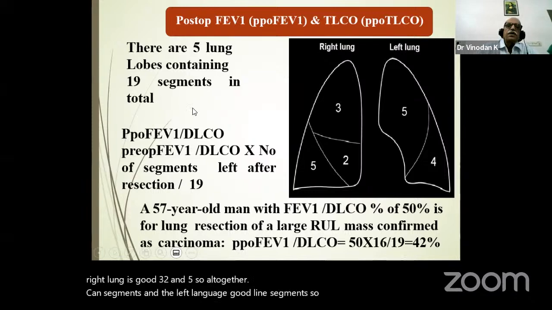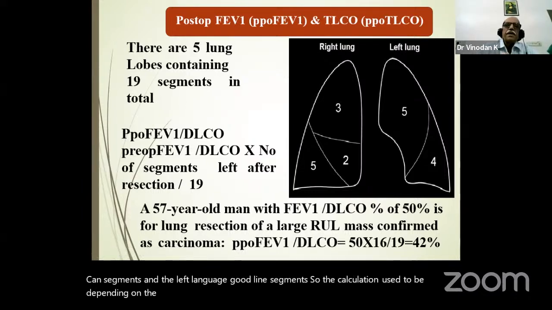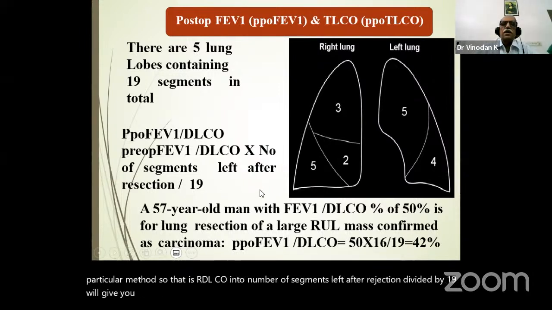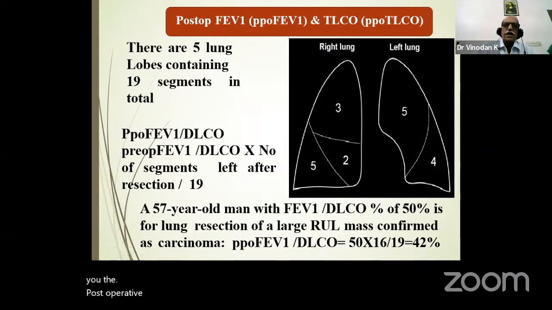So the calculation used to depend on these segments, and the PPO FEV1 or PPO DLCO was calculated using this method: pre-op FEV1 or DLCO into the number of segments left after resection divided by 19 will give you the postoperative predicted FEV1 or DLCO.